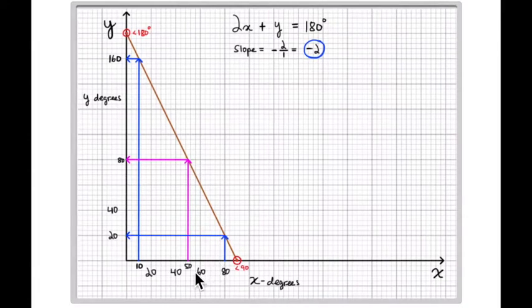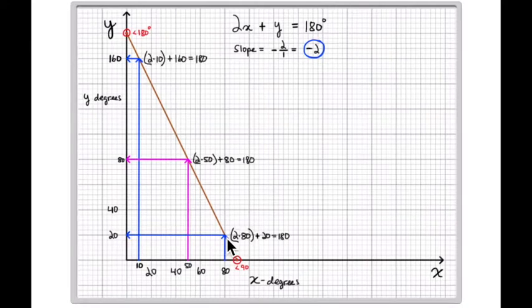If I'm using 80 degrees for x, I'm using up 160 degrees because I have 2 angles that are equal to x. So I'm using 160 degrees. That means I have 20 degrees left. 180 minus 160 equals this 20 degrees for y. And remember once again that those three angles, two x's and one y, have to add together to equal 180 degrees.